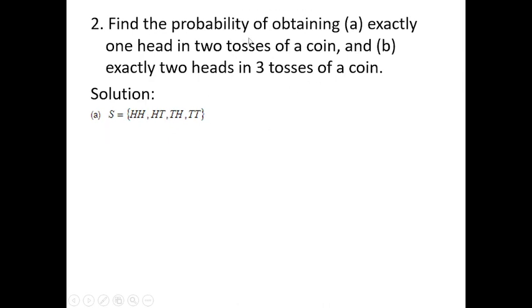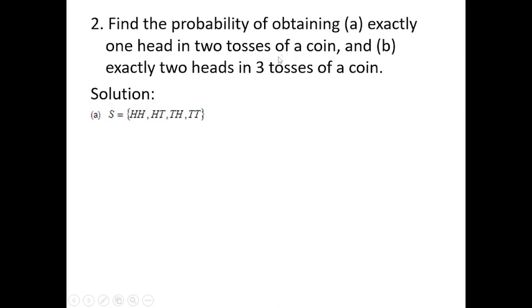Our random experiment here is tossing the coin 2 times. So, these are the possible outcomes of the random experiment. This is now our sample space. We now have an event where exactly one head occurs in two tosses of a coin.